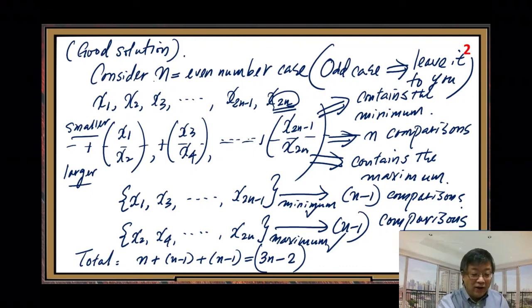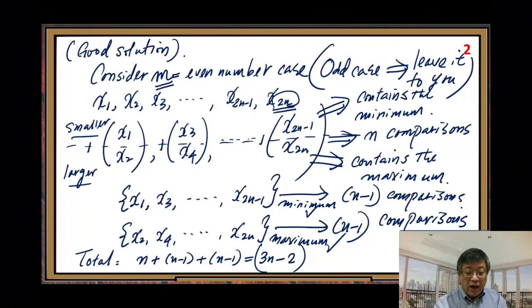Probably I should use a different symbol, otherwise you may get confused. In order to avoid confusion, how about I change the original number to m? Then no confusion.